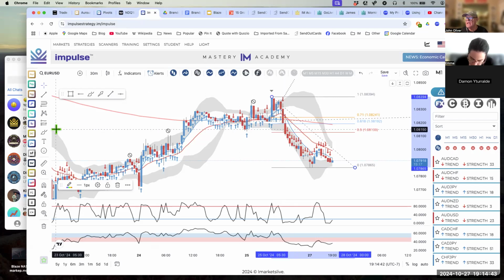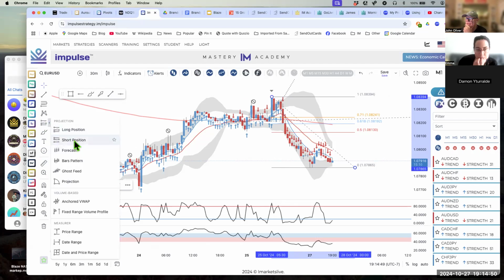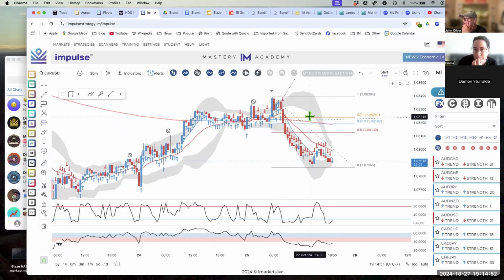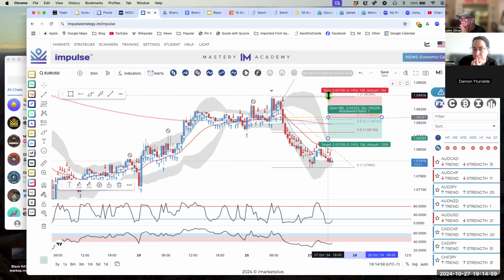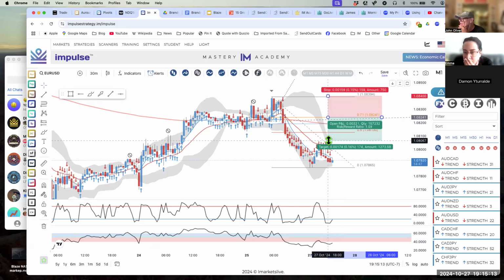Okay. And then what we do is we grab our short tool and we would go from here. We will put that up at 0.8. Hardly moves at all. It's literally just above that. You can't even get it close. I'll leave it there. And then we'd look at a 1-to-2 ratio.